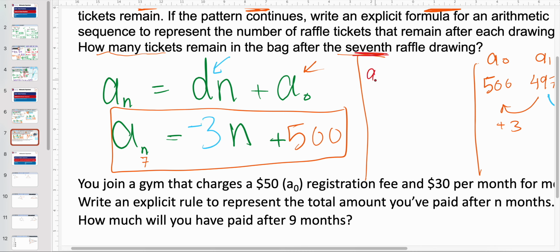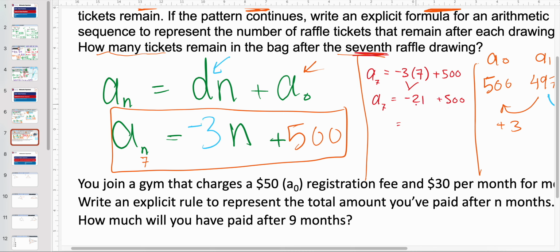In this case a7, every n we substitute by 7. -3 times 7 plus 500. It's very easy. It's very similar to the idea of functions. So a7 will equal -3 times 7 is -21 plus 500.